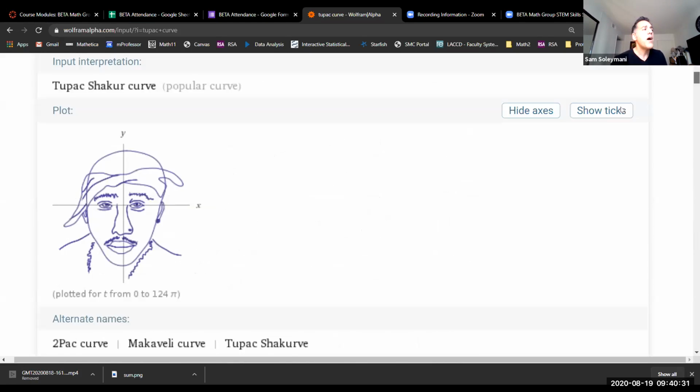But the way that these edges are found has to do with the derivative. If you have a two-dimensional image like what I've shown you, let me share my screen here.